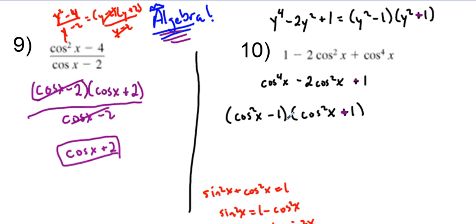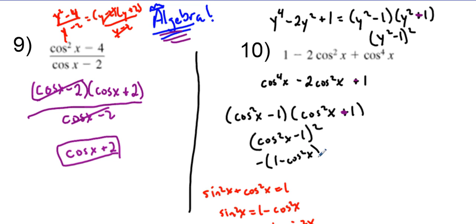So what we have right here is those two actually become cosine squared of x minus 1, that quantity squared. Perfect square. Once again, we can factor out a negative 1, and we have 1 minus cosine squared of x, and that quantity is still going to be squared.